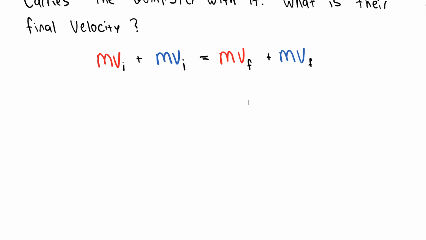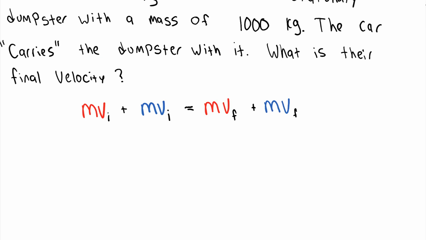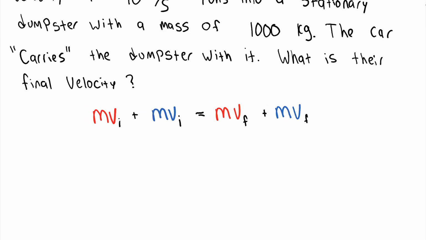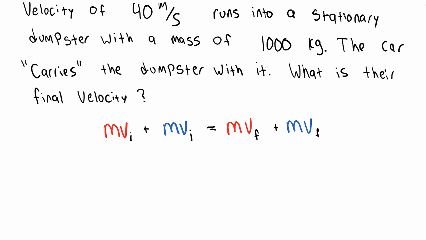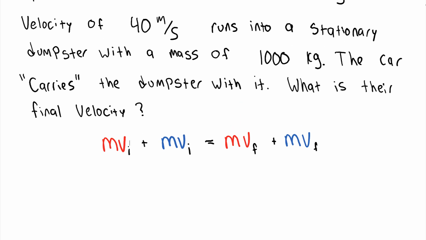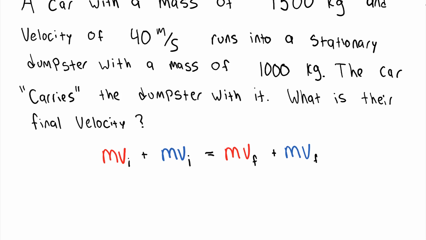The first thing I'm going to do is do this entirely symbolically. In a perfectly inelastic collision where they totally stick together, this is going to transform into a characteristic other equation, but I'll show you how I get there. The key is to realize that the blue mass is the dumpster and the red mass is the car, but at the end they have the same final velocity because they're stuck together.